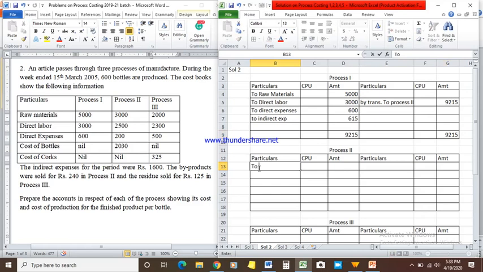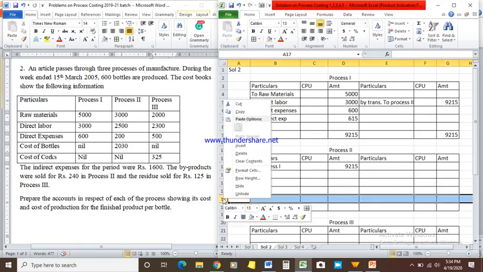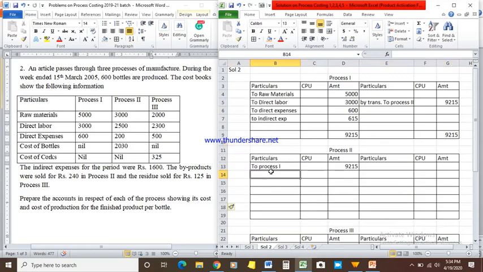Now I bring that value to process 2. So process 2 account debit side to process 1, 9215. So again, to raw materials, in process 2 it is 3000, to direct labor 2500, to direct expenses 200.